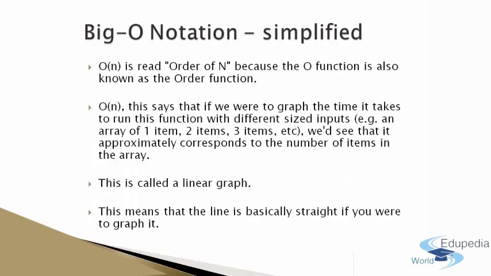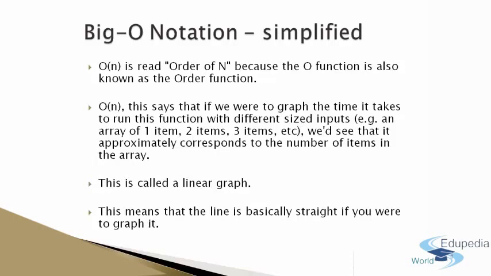Okay. Now, O(n) is read as order of n, because the O function is also known as the order function. O(n) says that if we were to graph the time it takes to run this function with different sized inputs, for example an array of 1 item, 2 items, 3 items, etc., we'd see that the time approximately corresponds to the number of items in the array.